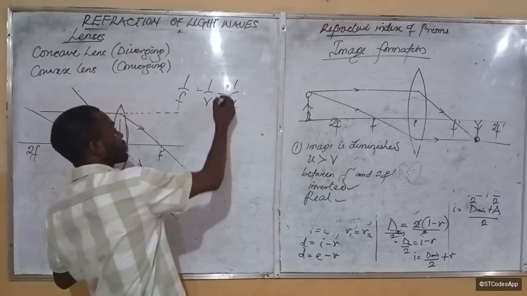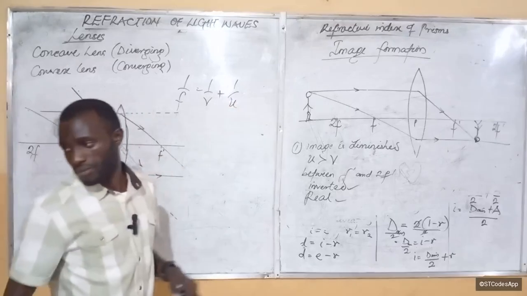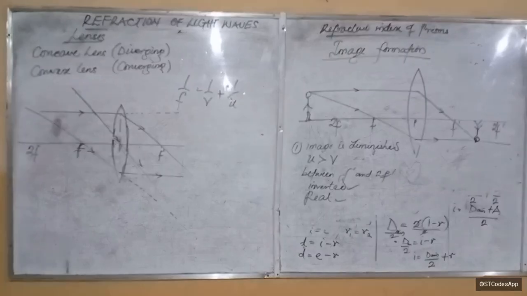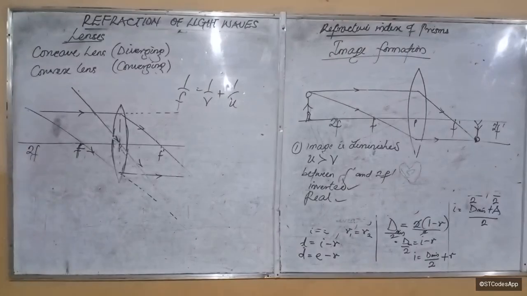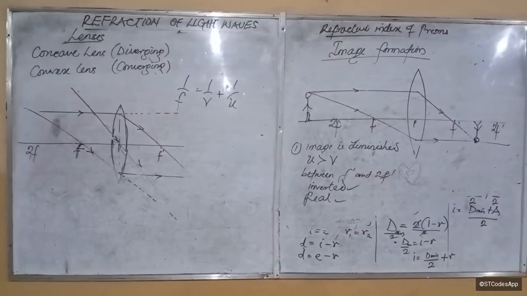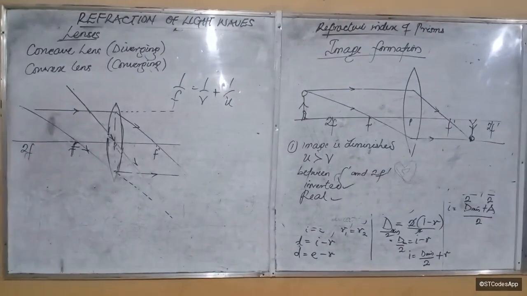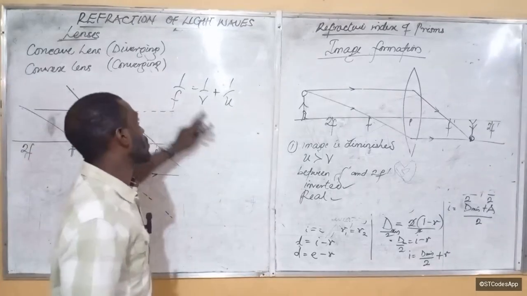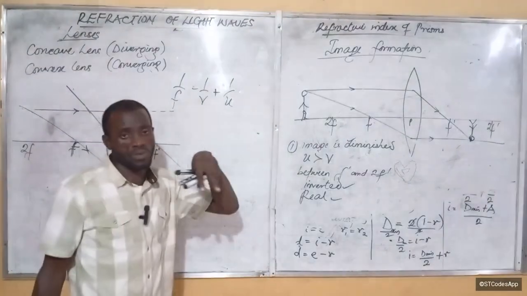Sorry, am I confused? Please let me quickly search for it. I'm sorry for confusing you. My head is already fuzzy. It's correct, okay? 1 over f equals 1 over v plus 1 over u.